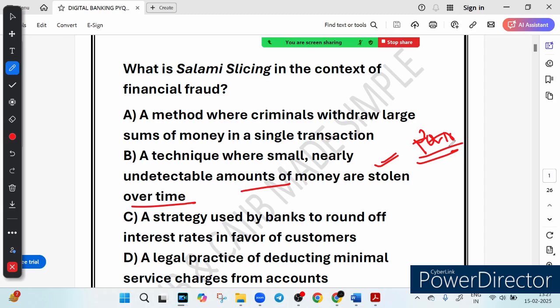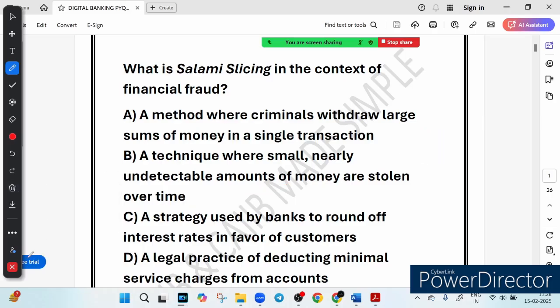Since the amount is so small, no one bothers to check. But if this is done across millions of accounts, the fraudster can make a huge sum over time. And that is how salami slicing works. Teeny unnoticeable theft adding up to a big gain.